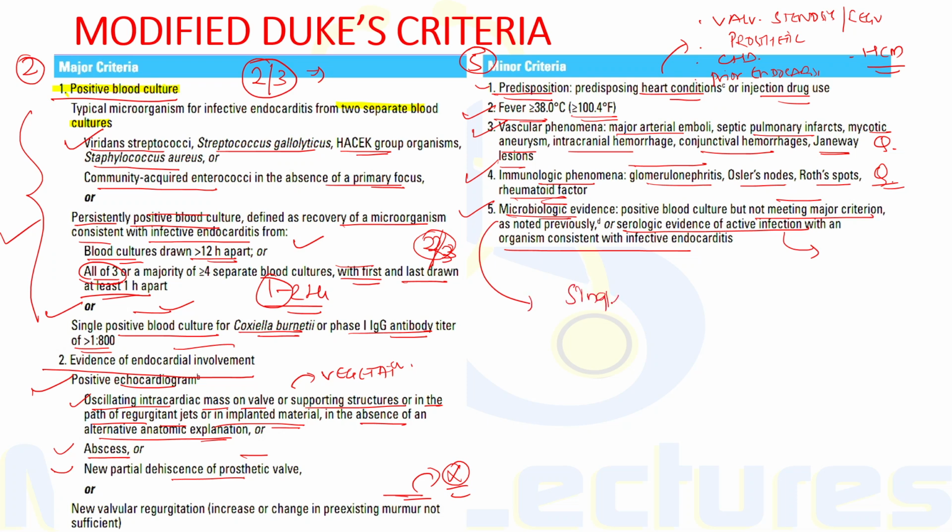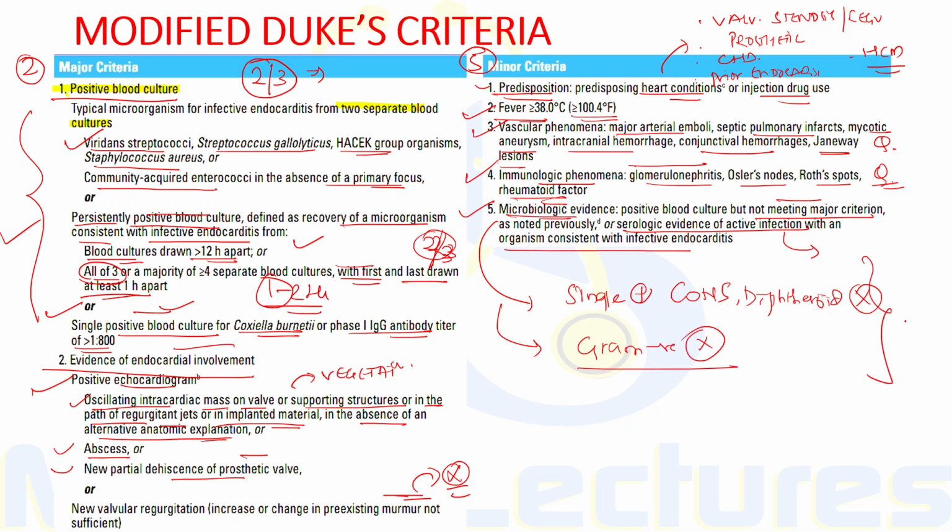A single positive blood culture for coagulase negative Staphylococcus and diphtheroids will not be considered even in minor criteria, and gram negative bacilli, if grown in a single culture, will not be considered in the minor criteria because these are common contaminants.